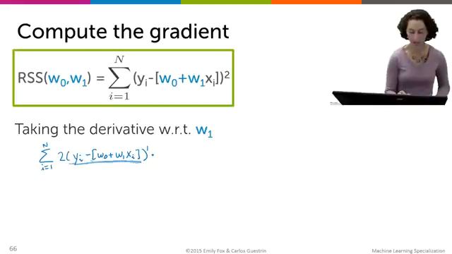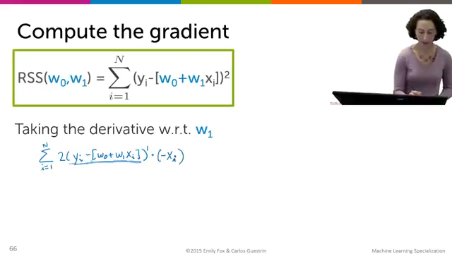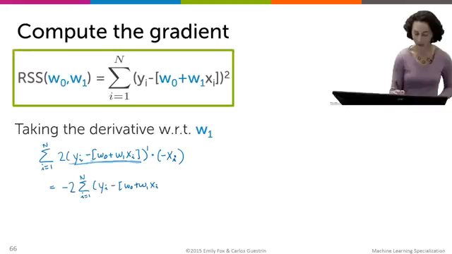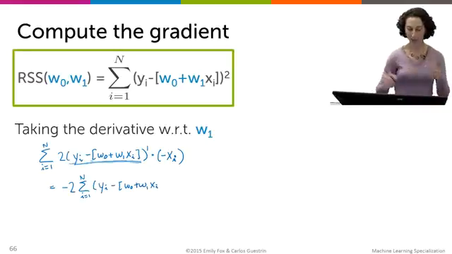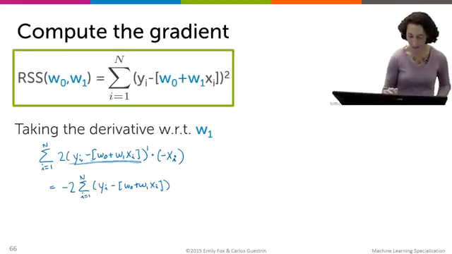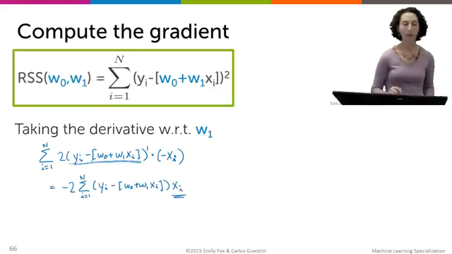I have a minus xi, so I'm going to need to multiply by minus xi. Again, rewriting this, I'm going to take the minus 2 to the outside of the sum, and I'm going to have (yi minus (w0 plus w1 xi)). It's a good thing you guys can put me on 2-speed and get through all of this very quickly. But here we're multiplying by xi. We have this extra term in the derivative with respect to w1.